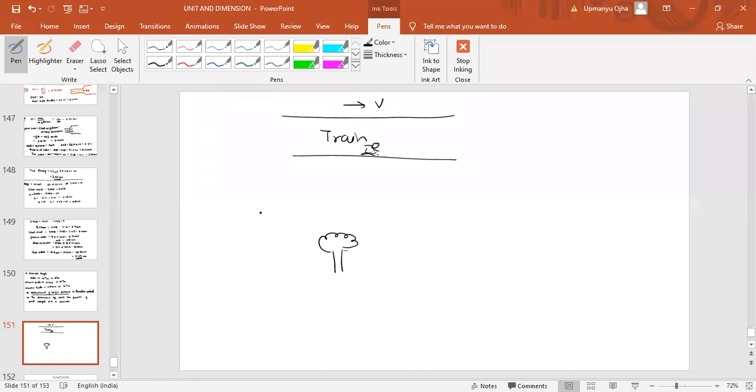The tree is not moving. The tree will remain stationary, but your head is moving very fast.